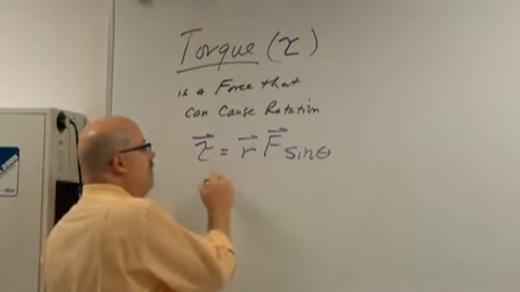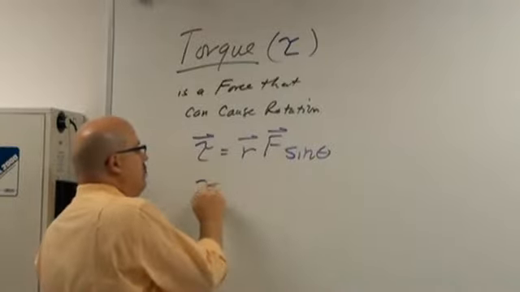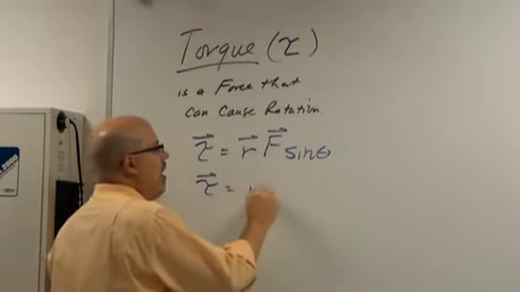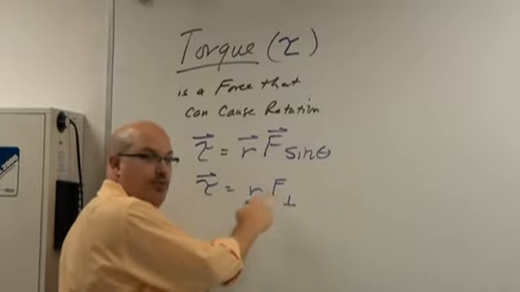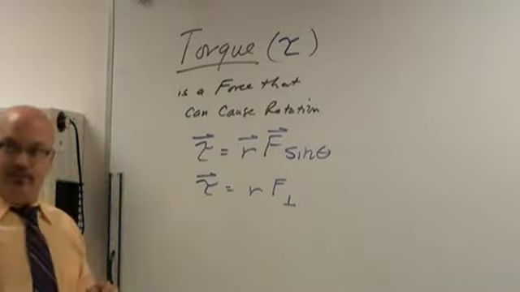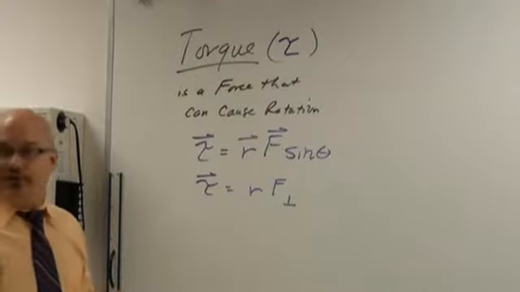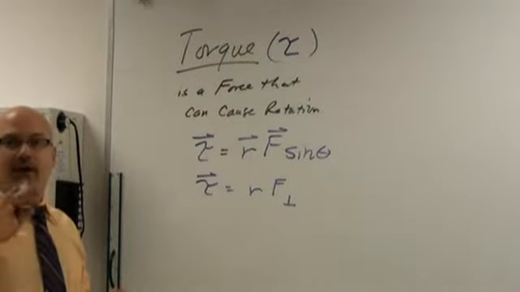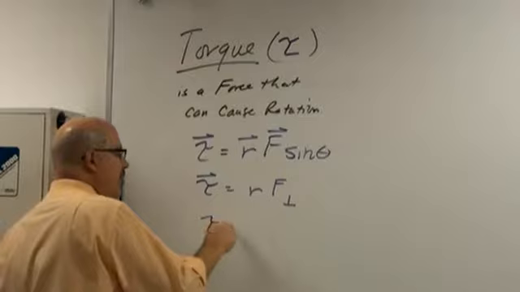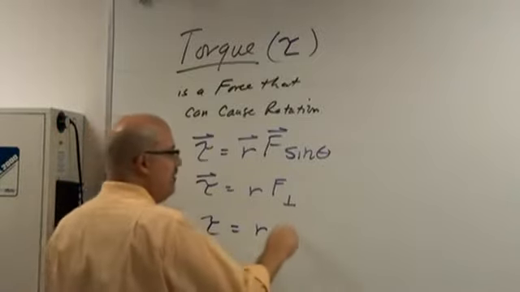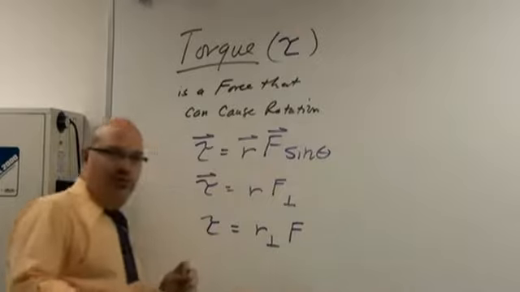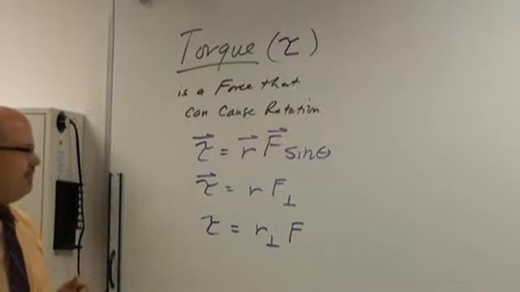You could also write it this way: torque equals R F perpendicular, where the force is perpendicular to the radius, because only the perpendicular force causes things to rotate. The parallel does not. Or torque equals the minimum radius, or the perpendicular radius, times the full force. Any one of those.